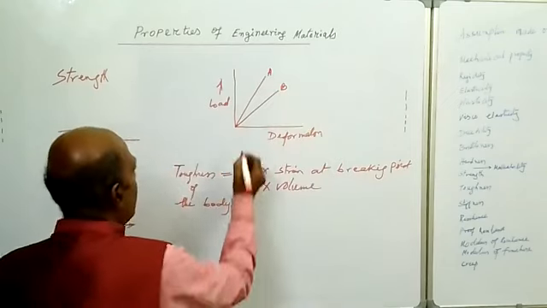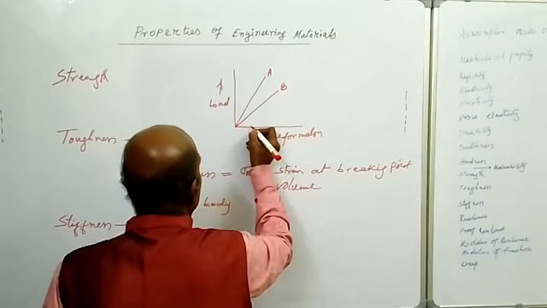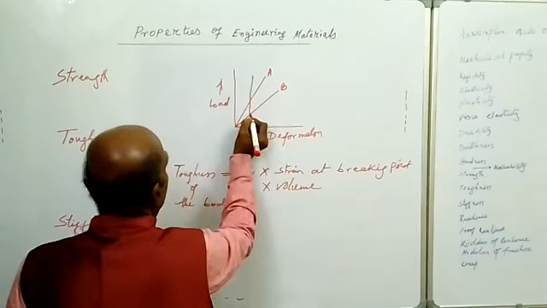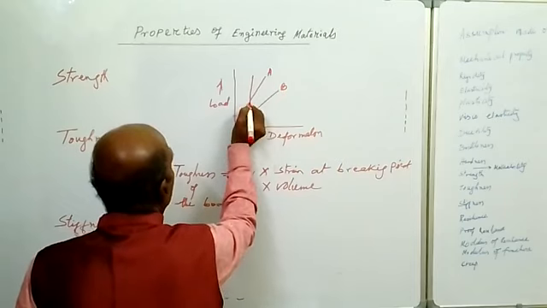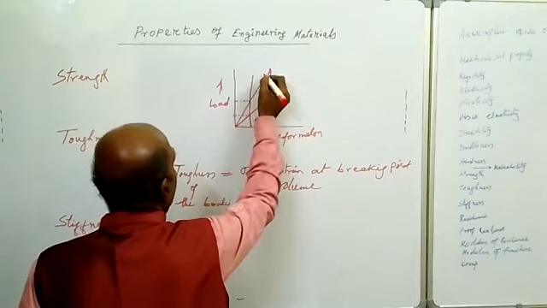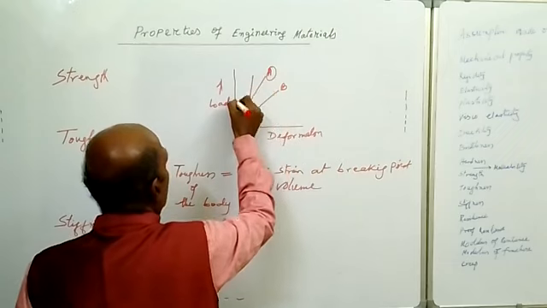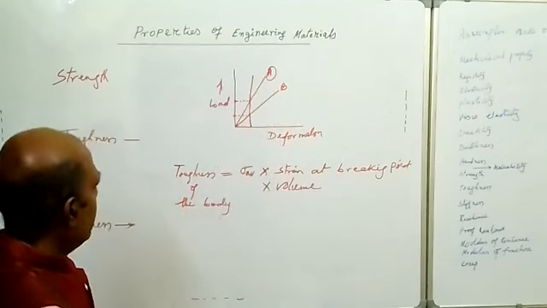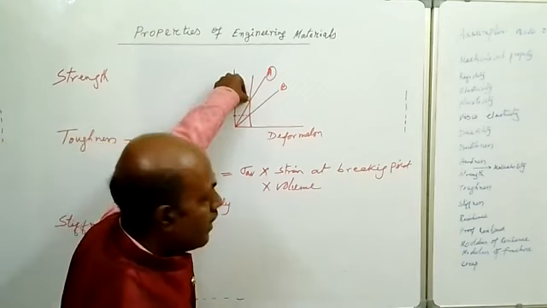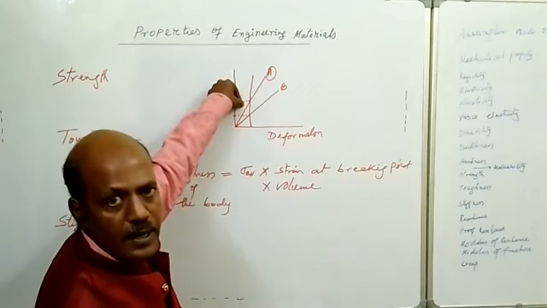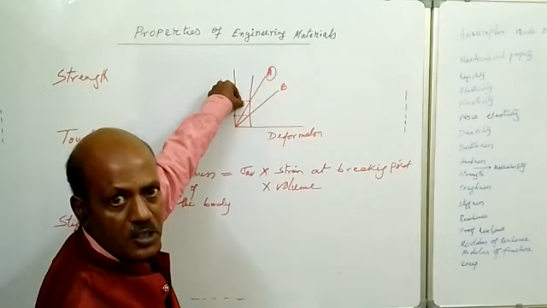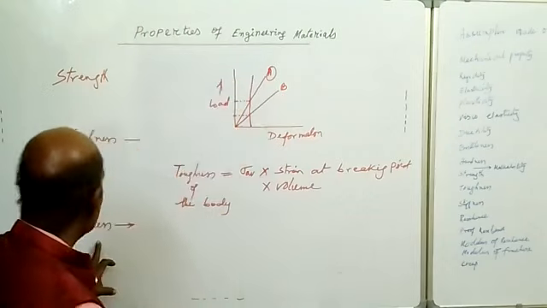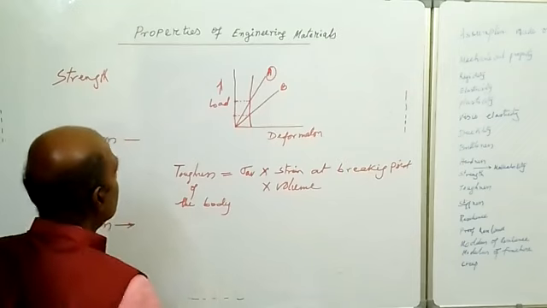Per unit deformation, if we draw a vertical line, we can see the load required for material A is more than for material B. So in this case we can say material A is stiffer than material B. So what is stiffness?